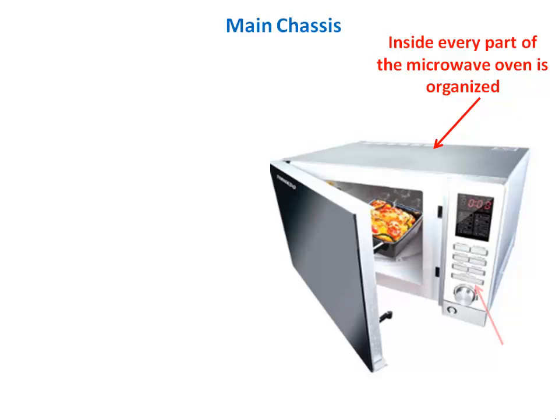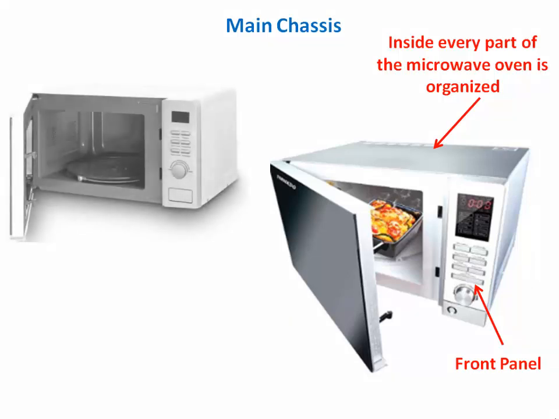It consists of a front panel that allows the user or operator to control the various settings for cooking the food products. You can see here the main door which is attached to the main chassis of the microwave oven.